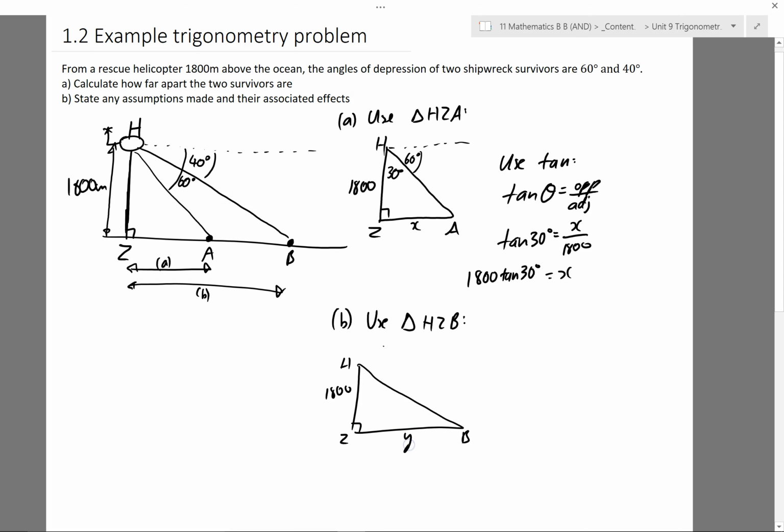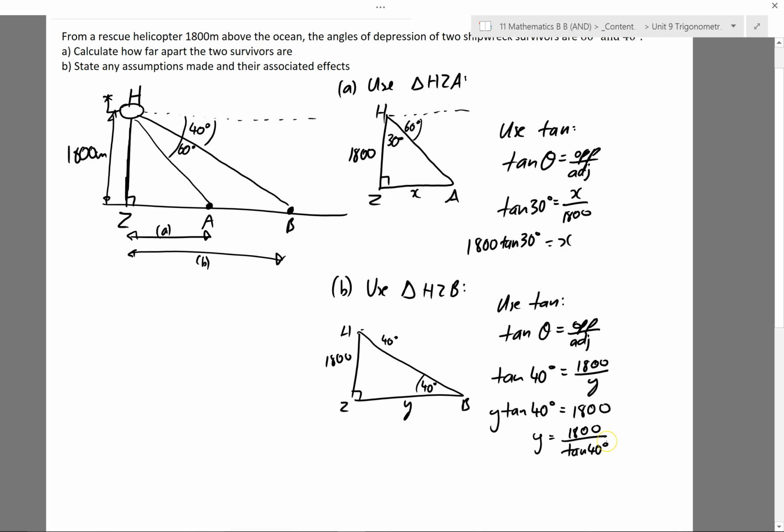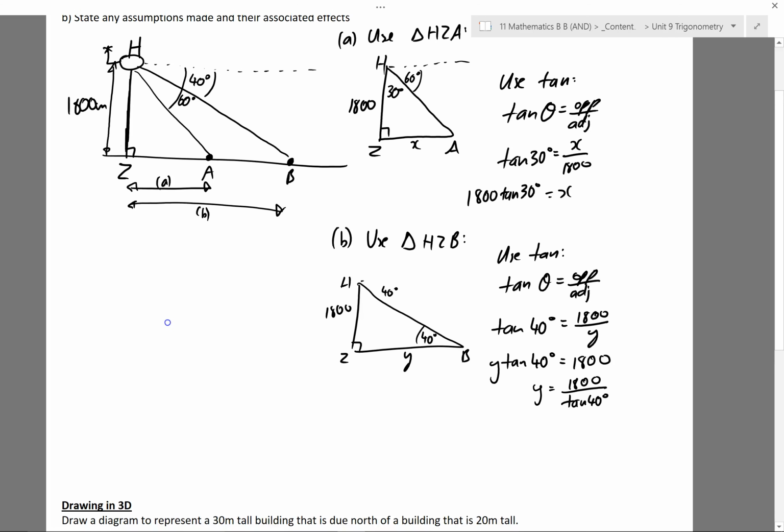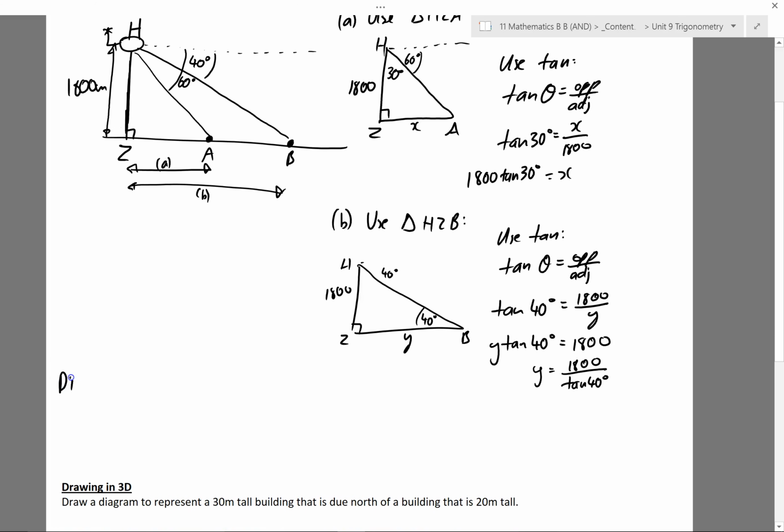Okay, I'll call that distance Y. I know that this is 40 degrees, so I'll solve this one differently and use the fact that I know angles of elevation and depression are equal, and I'll know that this angle in here is 40 degrees. So I'll go ahead and use tan to solve that again. The distance between B and directly under the helicopter. So now I know that overall, the distance between the survivors will be the difference between those two distances.